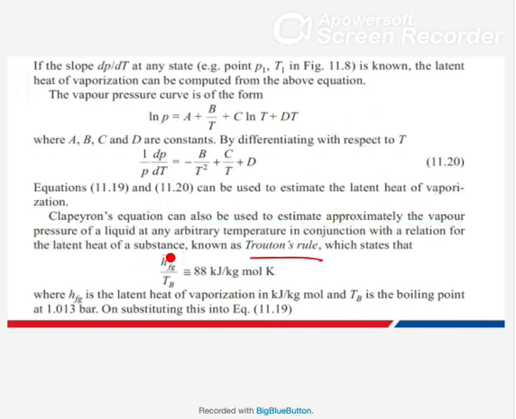This rule tells that the latent heat divided by the boiling temperature is almost equal to 88 kilojoule per kg mole Kelvin. This is for the equation we derived in the last slide.